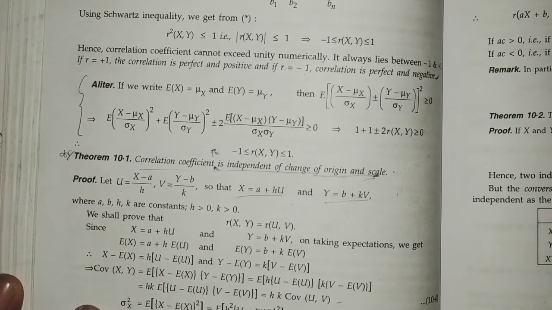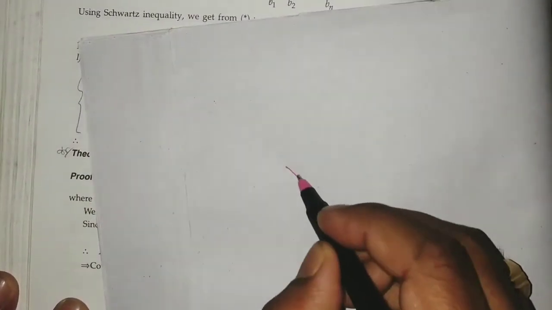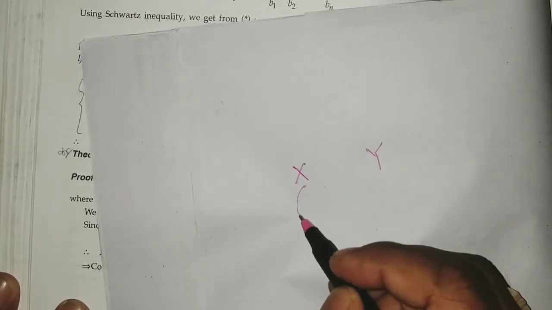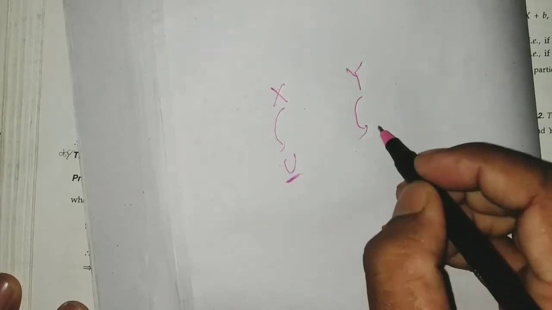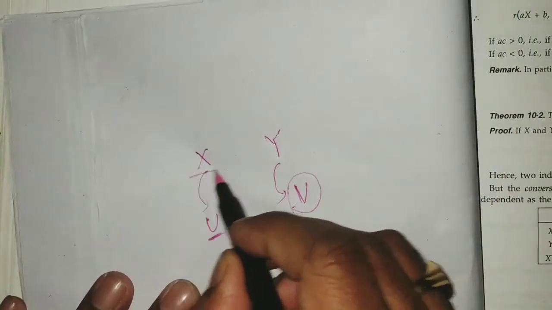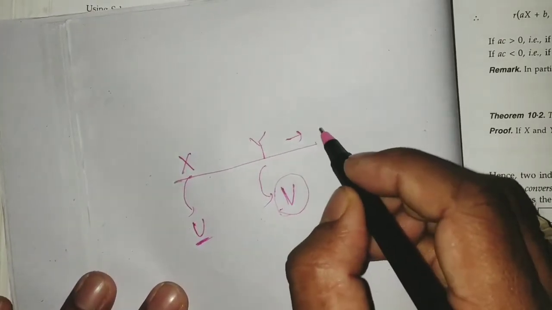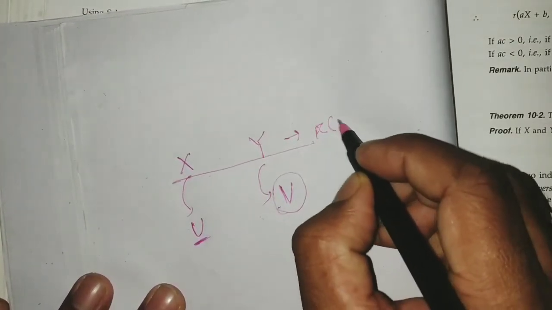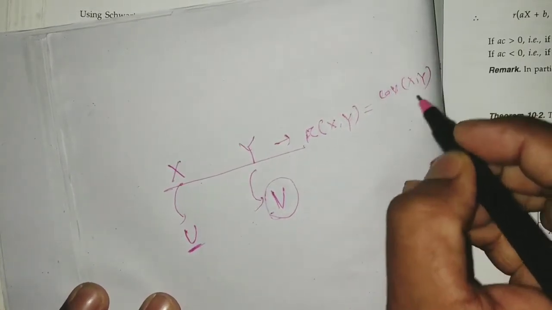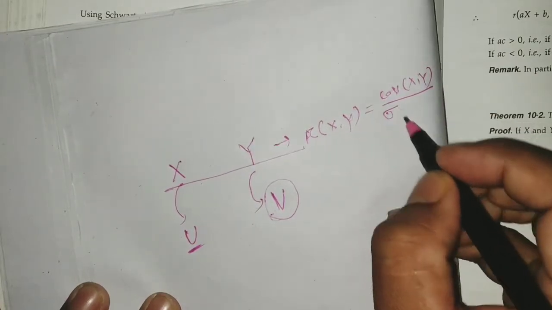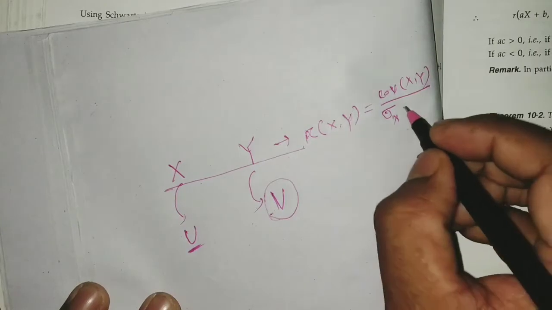That means the theorem is telling that if we have two random variables, suppose x and y, and x is transformed to u by changing the origin and scale, and y is changed to another random variable v by changing the origin and scale, then for this x and y the corresponding correlation coefficient is nothing but the covariance of xy divided by sigma x, the standard deviation of x, into the standard deviation of y.